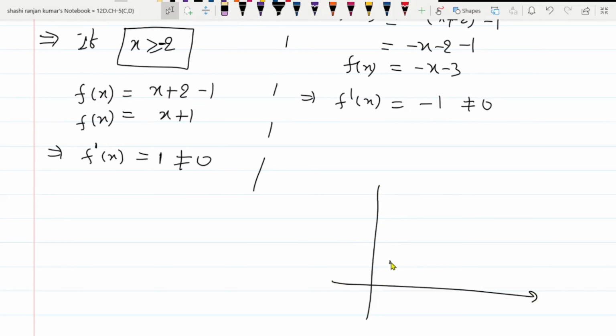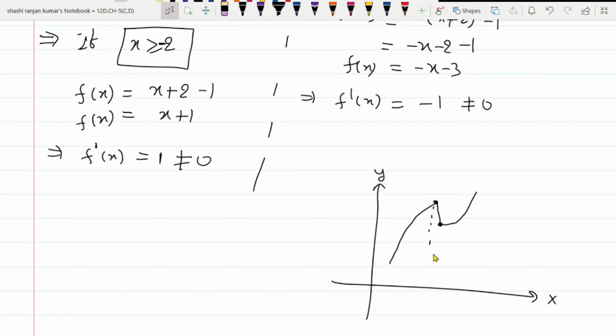It's going in this way, and at this point, suppose it's taking a sharp corner, like that. The point where the sharp corner is forming is the non-differentiable point. This is our x, and this is y. So this is the non-differentiable point.